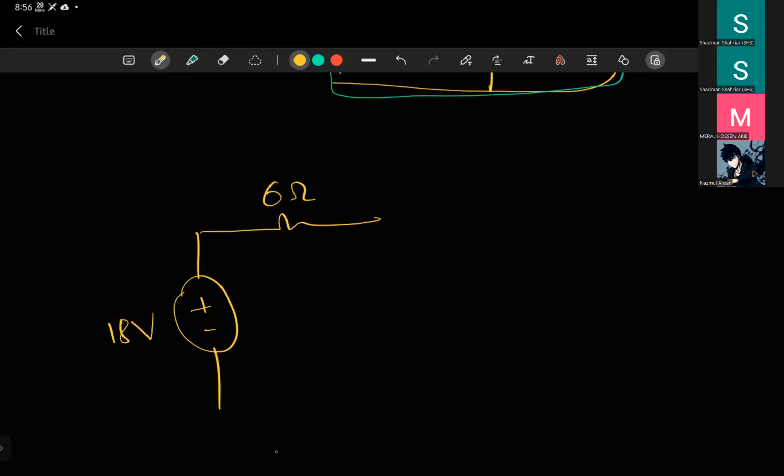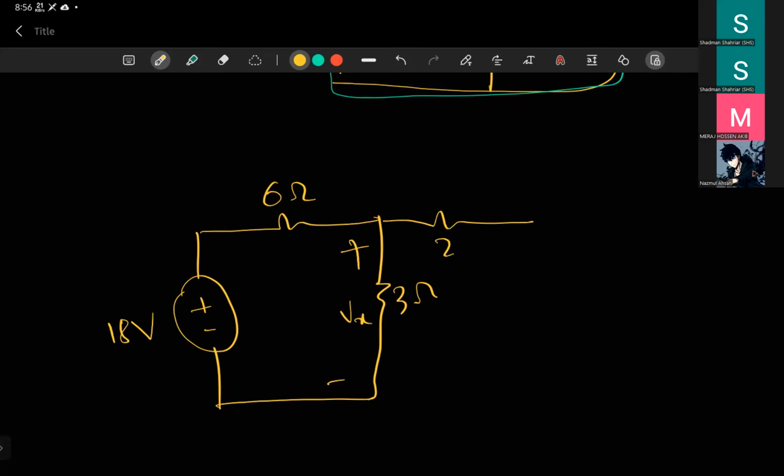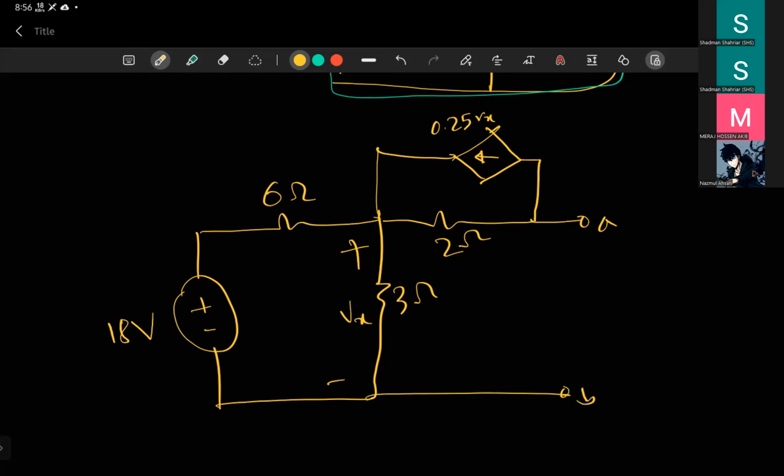You had 3 amperes, a 3 ohm resistor, Vx, a 2 ohm resistor, and one current source 0.25 Vx. So you are supposed to find the Thevenin's equivalent.